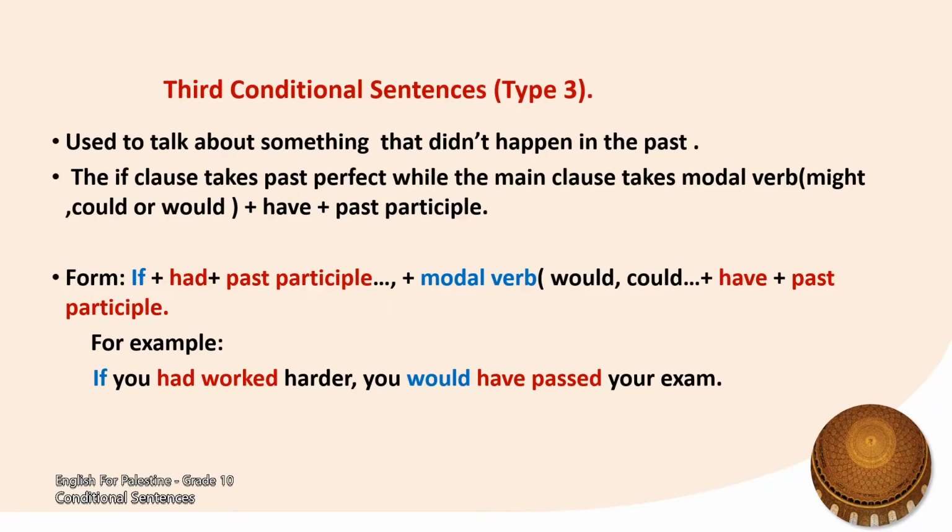Third conditional sentences, type 3, are used to talk about something that didn't happen in the past. The if clause takes past perfect, had plus verb 3, while the main clause takes a modal verb, might, would, could, plus have, plus past participle or verb 3.